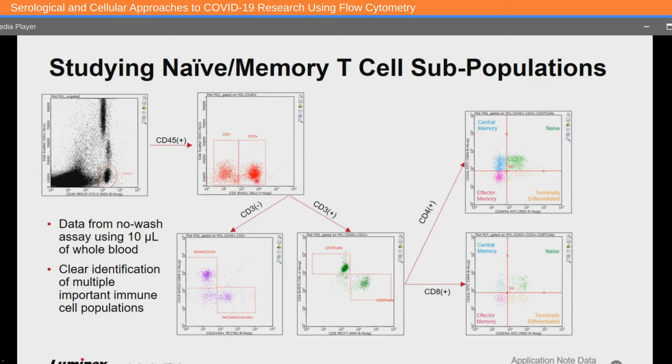In addition to being able to dissect T cells, one can see the B cells and NK cells, and further one can subdivide the CD4 and CD8 T cells into naive and memory subpopulations using additional antibodies in the mix. This information can also be obtained with 10 microliters of blood, and these kinds of phenotyping studies can thus be very useful in studying different donors in much greater detail.